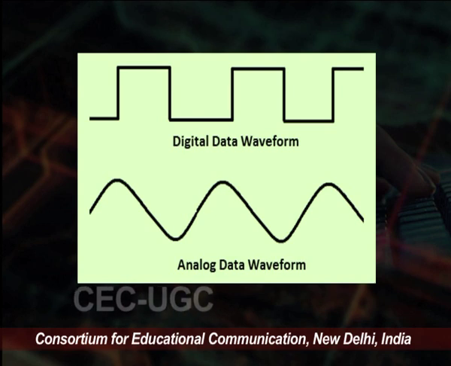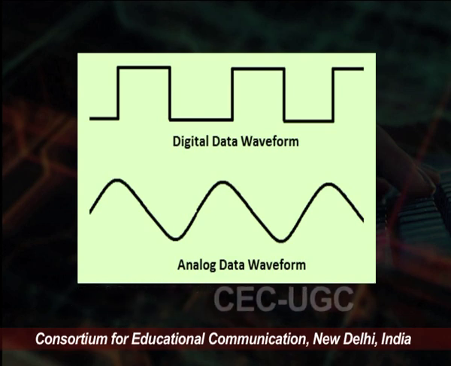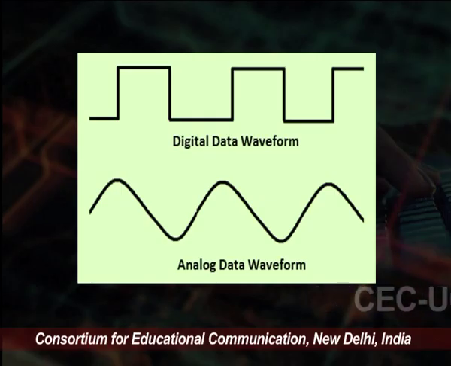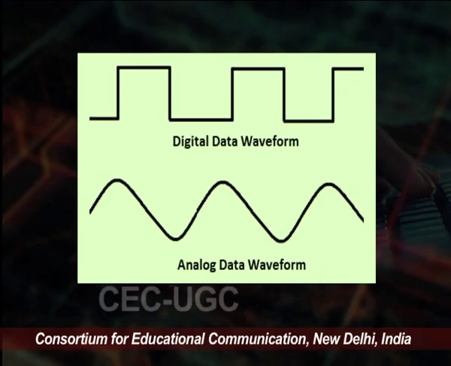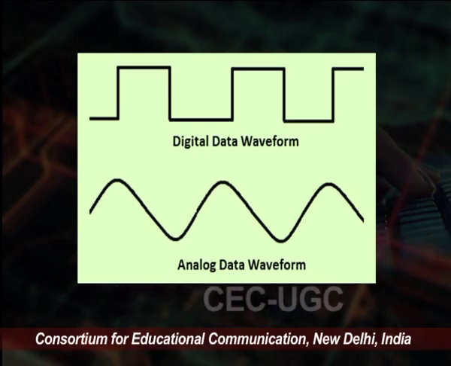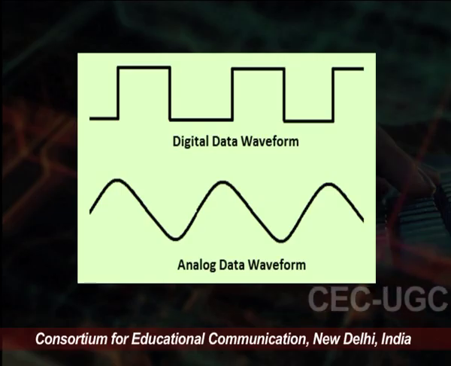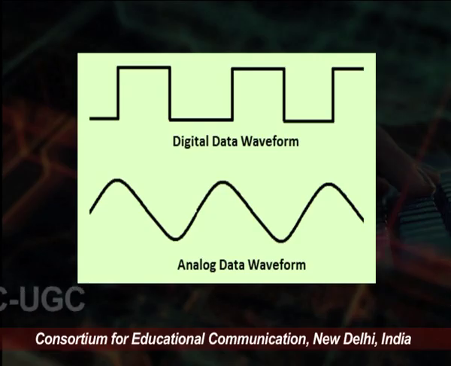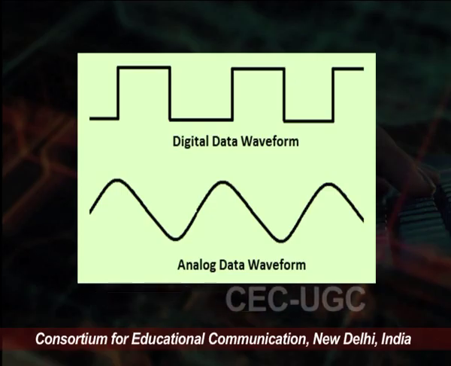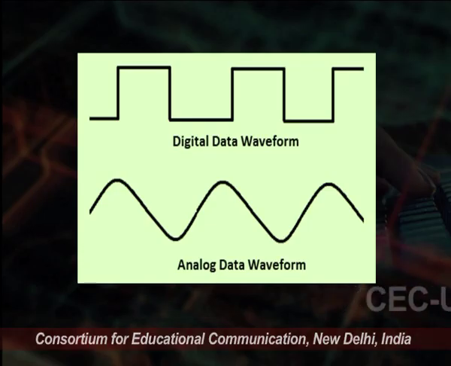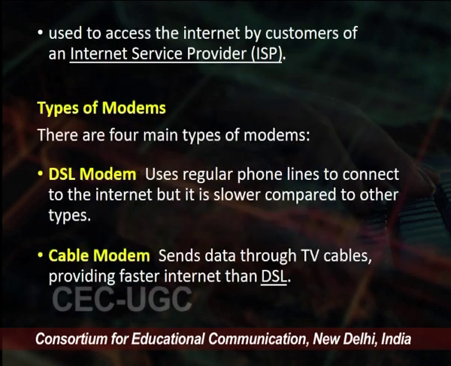A digital waveform is in the form of either 0 or 1, so either the presence of the signal or the absence of the signal, while an analog data waveform can have different magnitudes, different amplitudes and so on, not necessarily discrete values like 0 and 1. So, these are the digital data waveform and the analog data waveform, and the conversion of one to another and vice versa is the function of a modem.